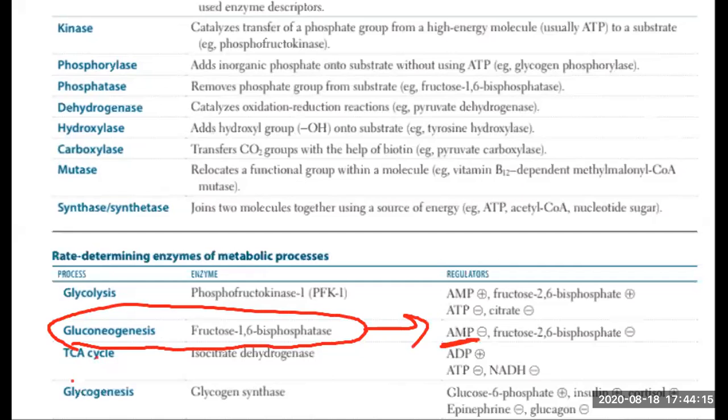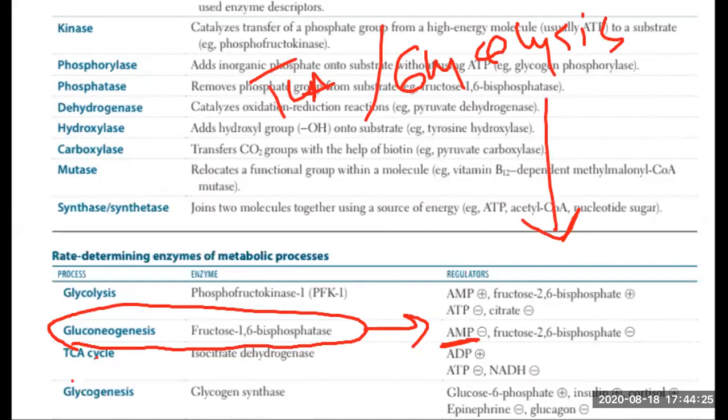Okay, so that means when you were running glycolysis or TCA or other cycles, you were making more energy, making more ATP.